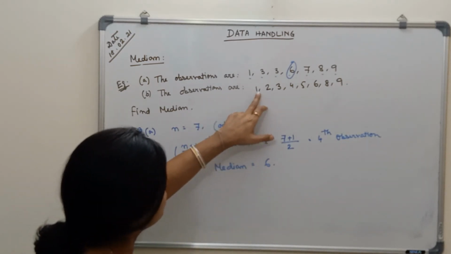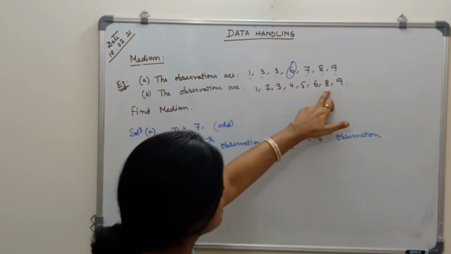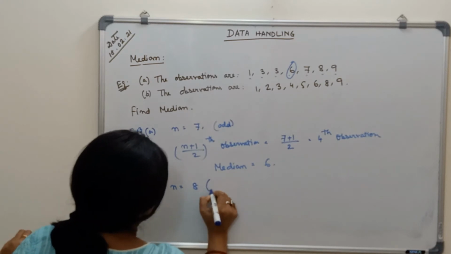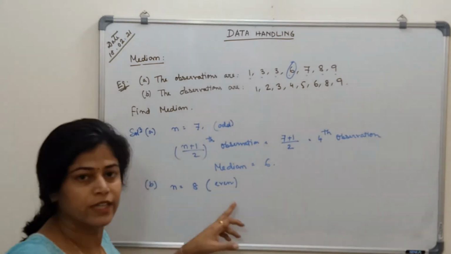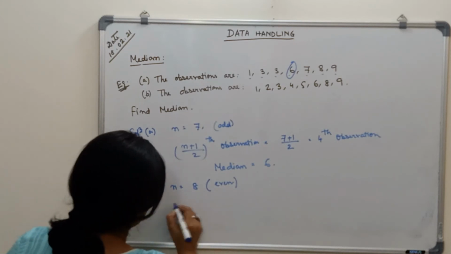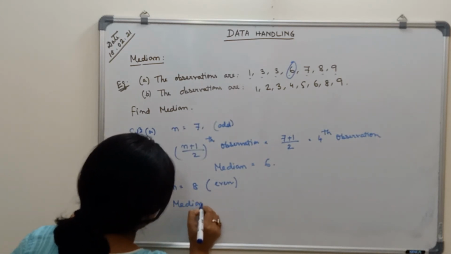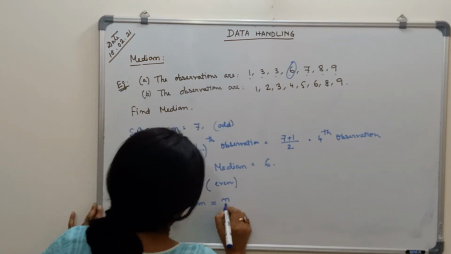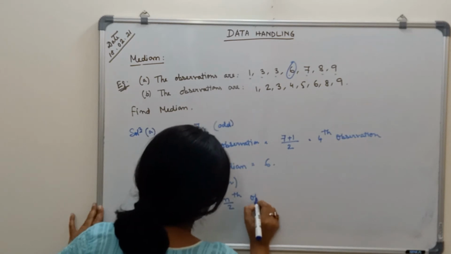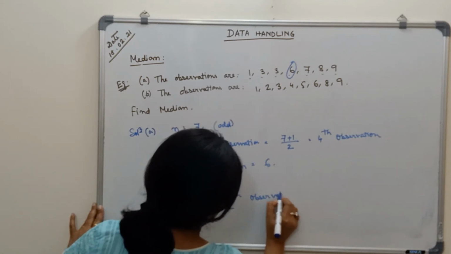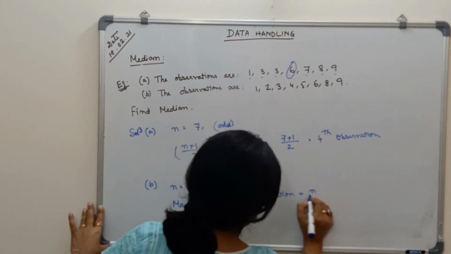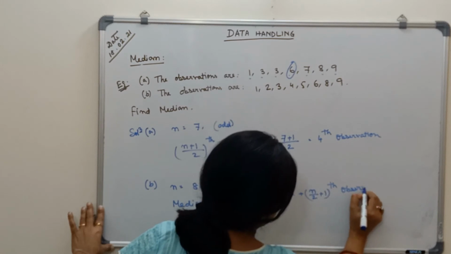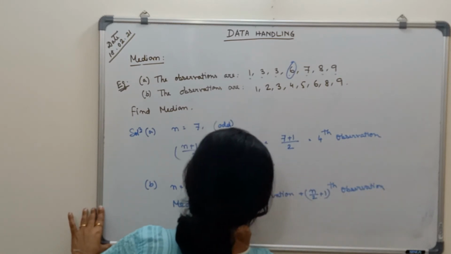Now for the second case, this is A, this is B. In B, how many observations are there? 1, 2, 3, 4, 5, 6, 7, 8. 8 observations are there. So here n is equal to 8, which is even. For even, we have to take the median as this n by 2th observation plus the n by 2 plus 1th observation, divided by 2.